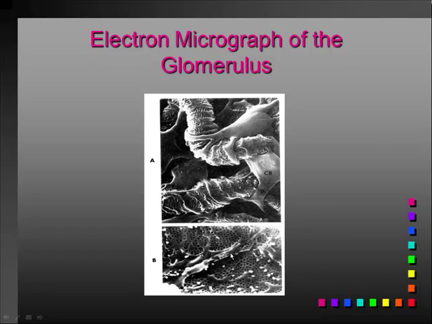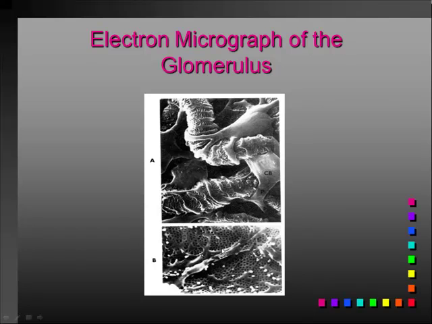Now this here in B is what you would see if you were actually in the capillary itself. These are some nice EMs. You can see that the endothelial cells are very fenestrated, very leaky, and there are some other structures in there as well.